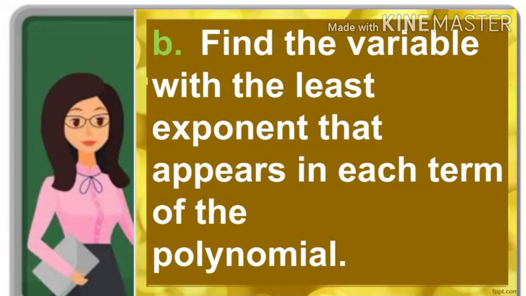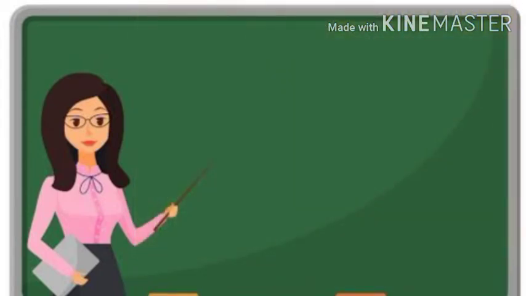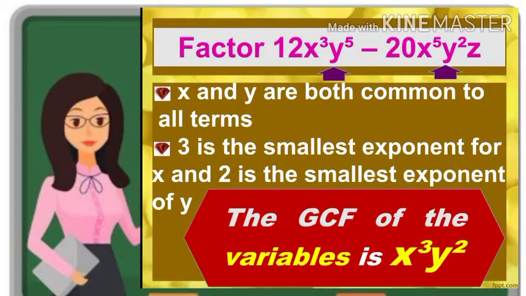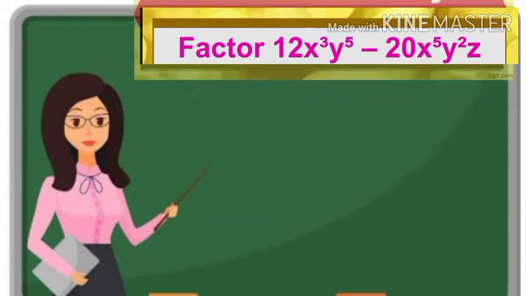Next, let us find the variable with the least exponent that appears in each term of the polynomial. So as you can see, x and y are both common to all terms, and 3 is the smallest exponent for x, and 2 is the smallest exponent of y. So, x cubed y squared is the GCF of the variables.